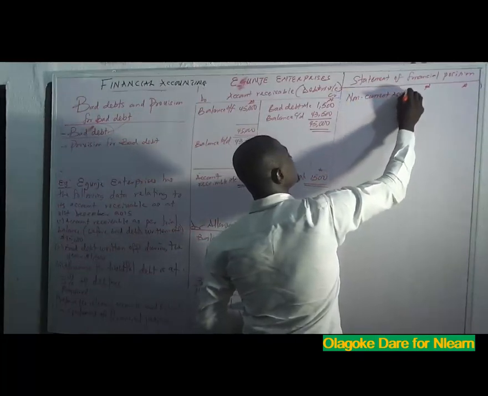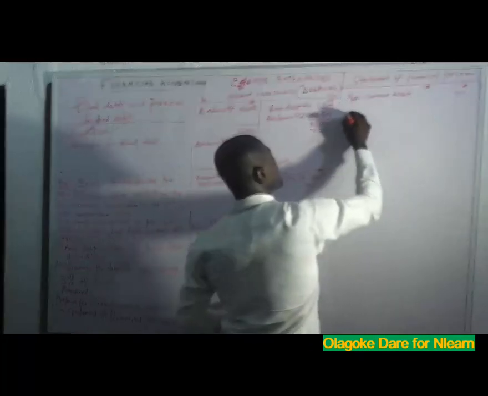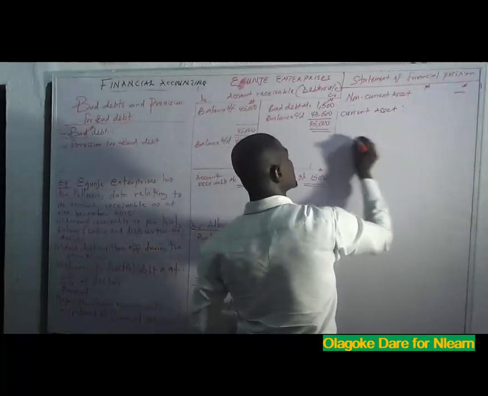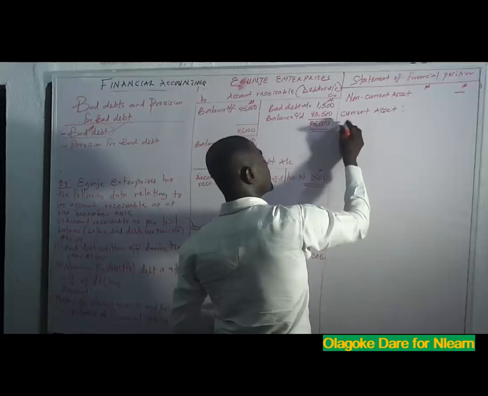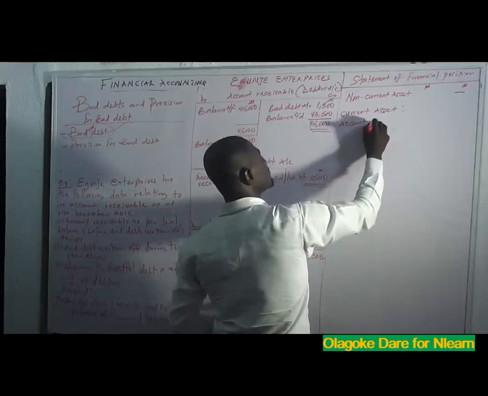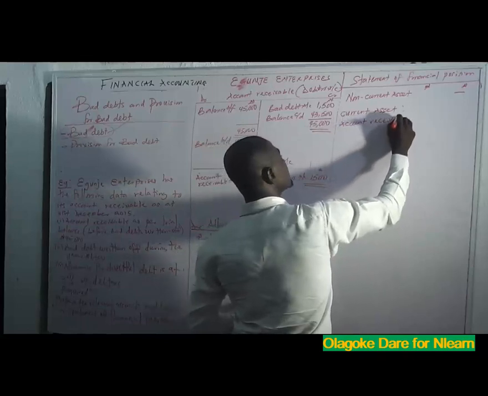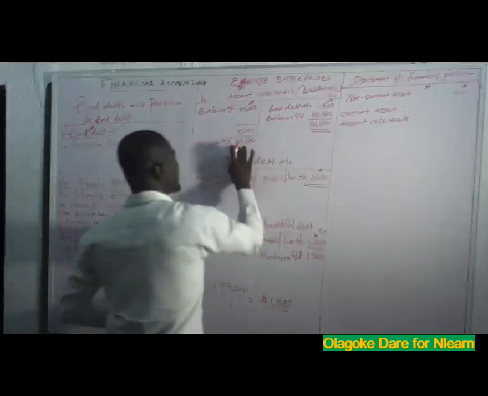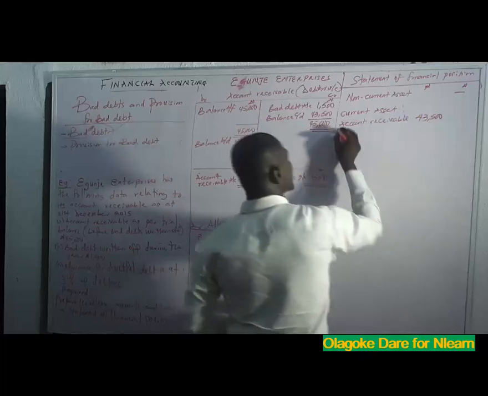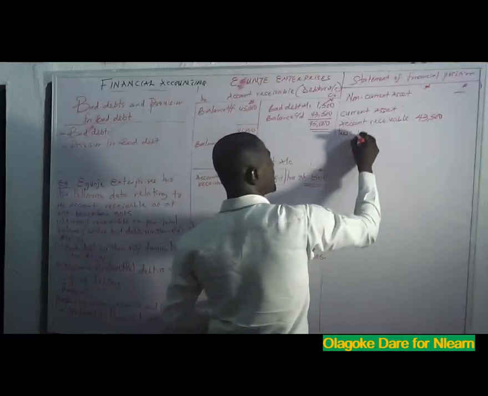We don't have anything. So my current assets, I have my accounts receivable. Don't forget, this is my balance now. I have 43,500.